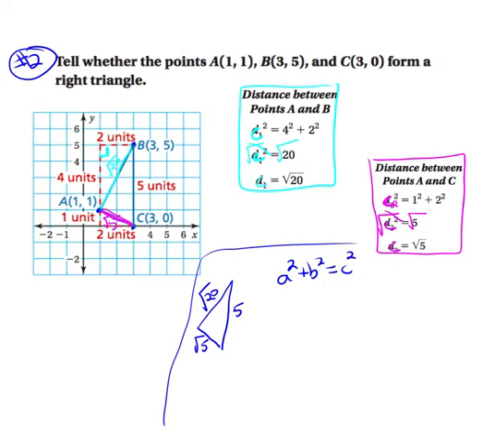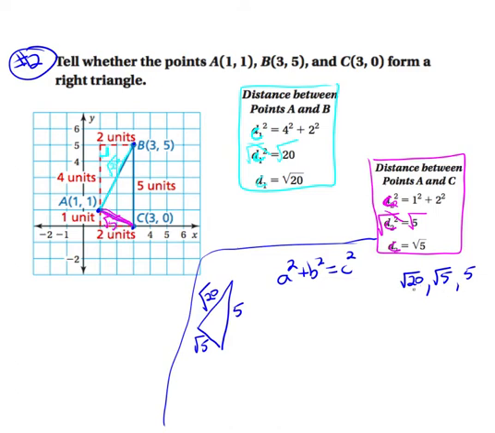Another way this could be written is in order, as the square root of 20, the square root of 5, and 5. So the question is: do these three side lengths make a right triangle? The problem is it looks like the square root of 20 is the longest side, but it's not. If you look at our picture, it's the 5.